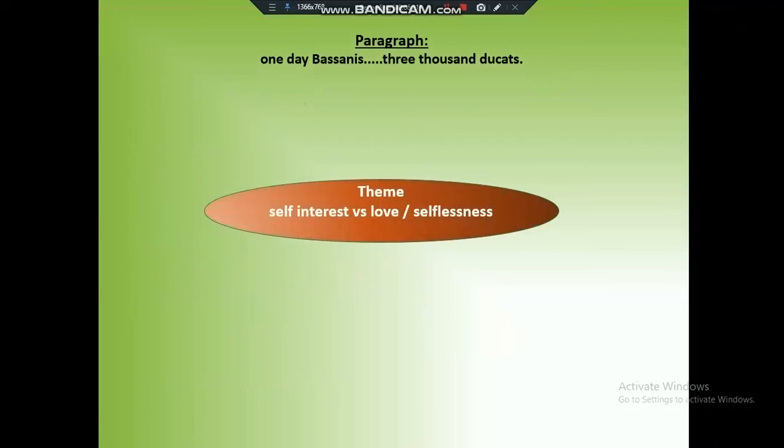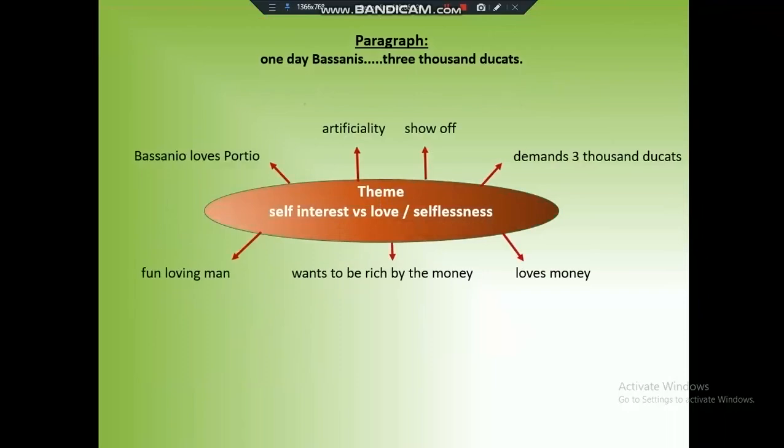Let's explain. Here in the paragraph, we find the theme of self-interest versus selflessness. Look, Bassanio loves Portia, and Portia is a very wealthy lady.